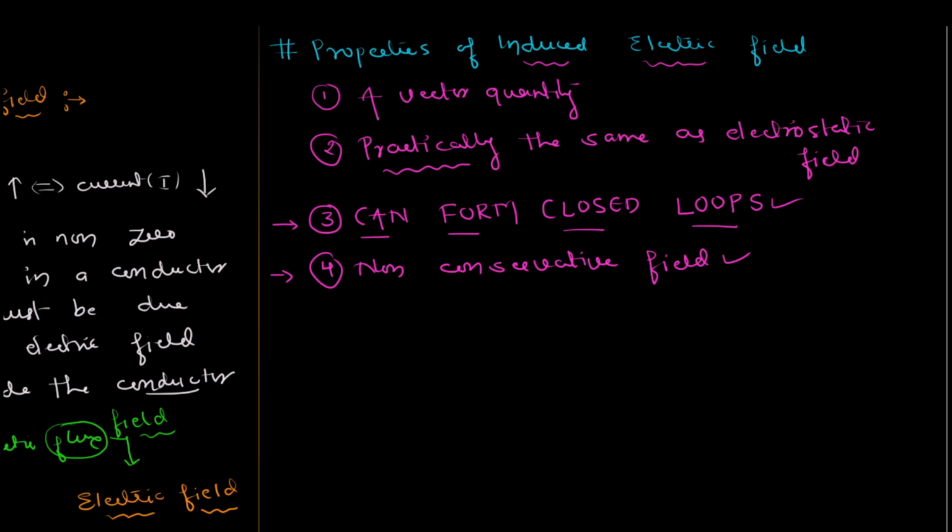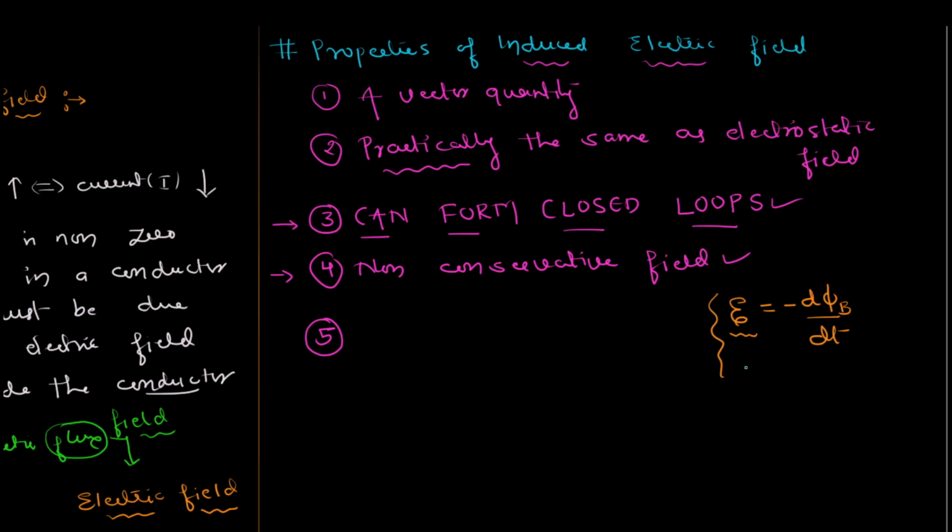And if you want to calculate the induced electric field, then we can do a little tweaking of basic Faraday's law. Faraday's law basically looks something like this: the EMF E is equal to minus d phi divided by dt, the rate of change of magnetic flux, d phi B, if you will, right? This is Faraday's law. But we already know the relation between EMF and electric field.